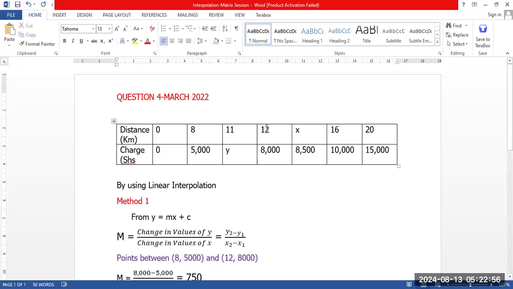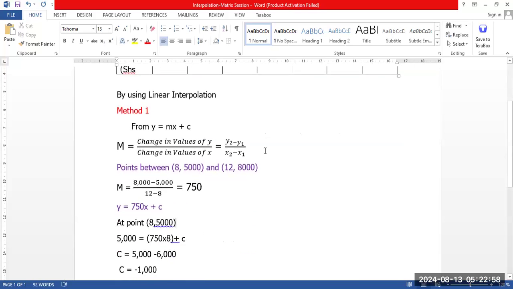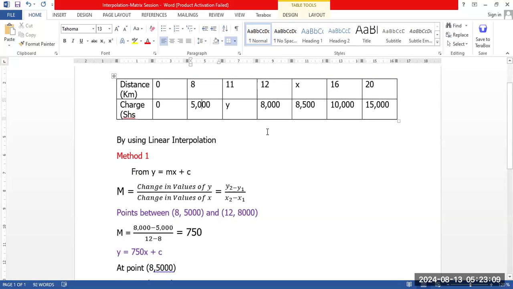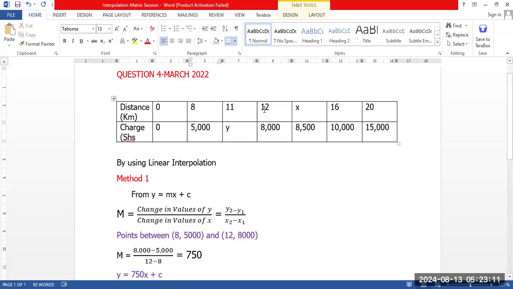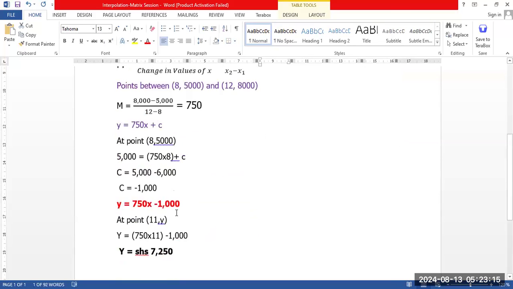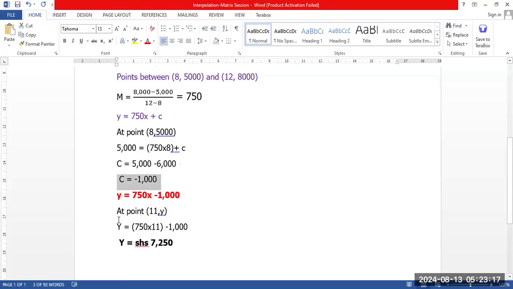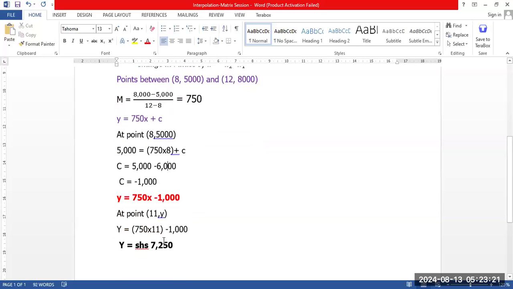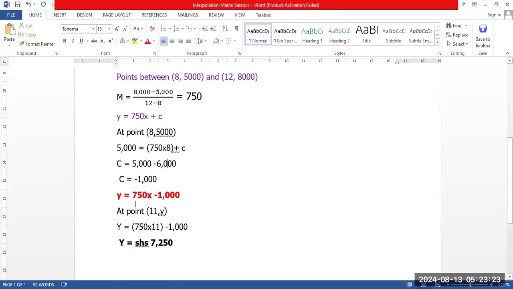Another person can choose 12 and 8,000. You will still get the same answer. Once you get M and C, you can solve any missing figure.